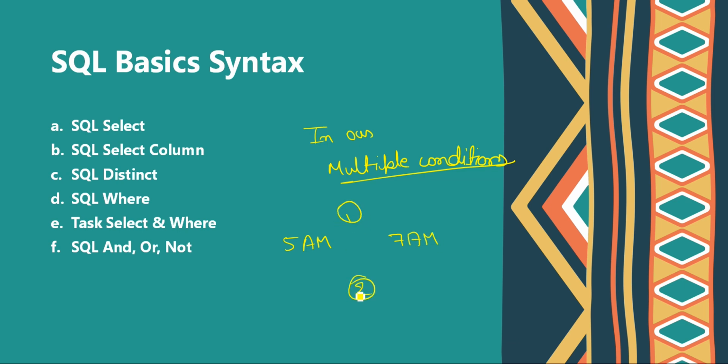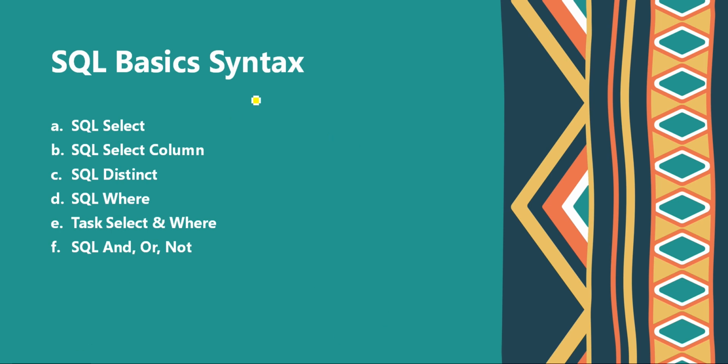Now the second one: if it is urgent that I need to go to the office, then I will definitely wake up early. If it is not urgent, I can take a leave, then I will wake up at 7 a.m. So for doing even one task, we can have multiple conditions.